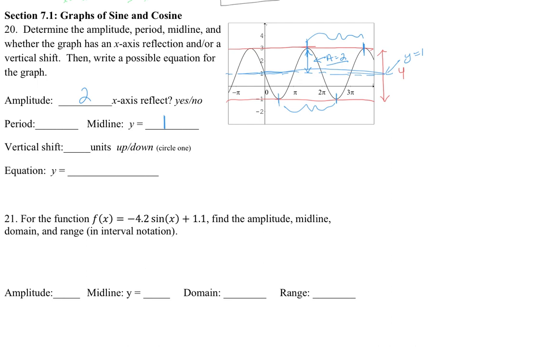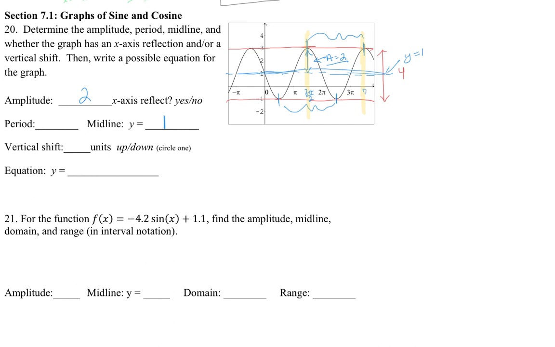So I'm going to say that from here, let me change the color real quick, from here to here, it looks like it's almost 3 pi over 2 and 5 pi over 2. Oh, no. 7 pi over 2.